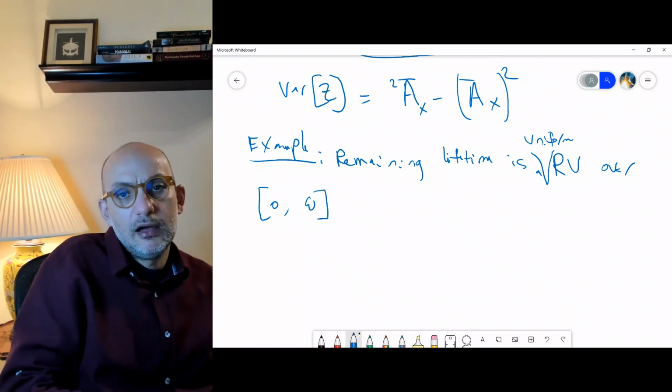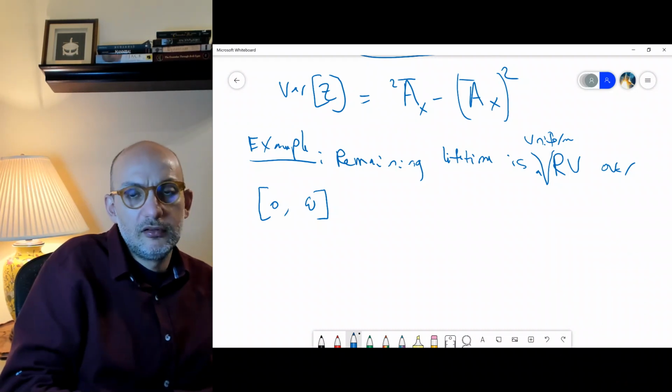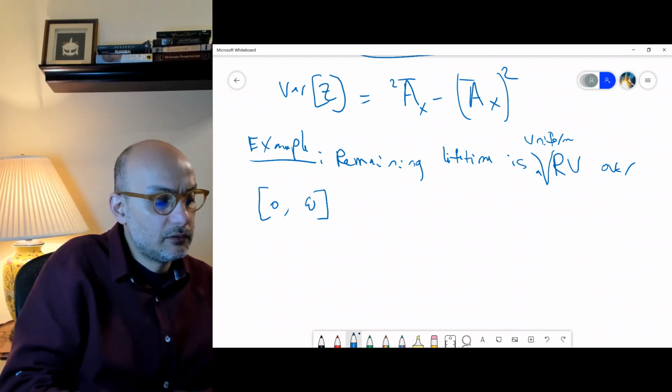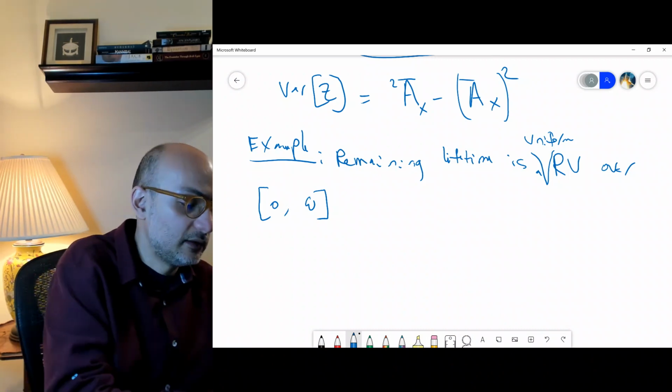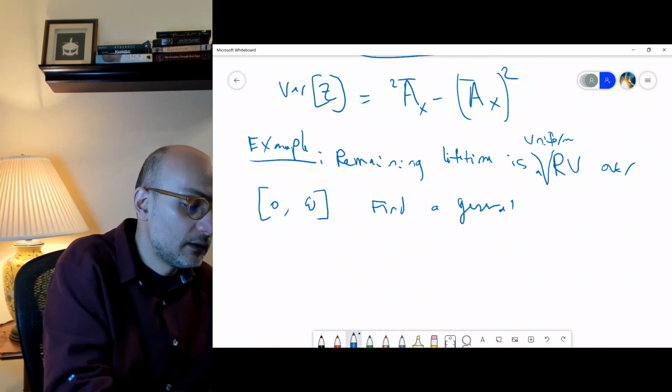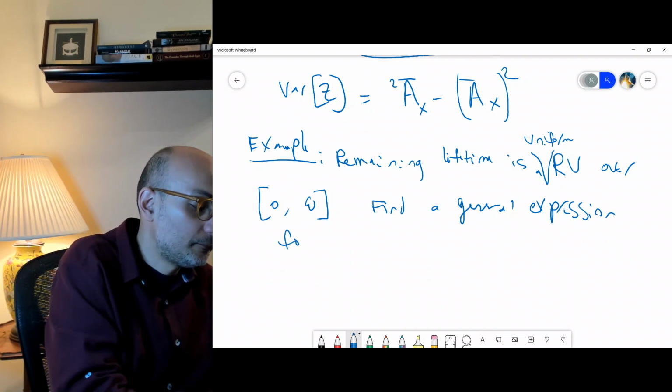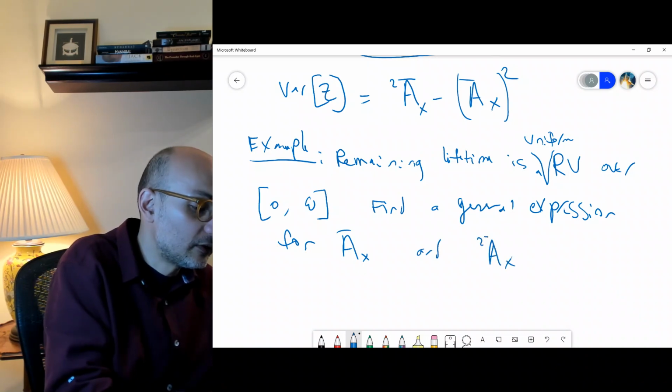So the remaining lifetime at birth is a random variable over 0 to omega. We need to find a general expression for A X bar and the second moment of A X bar.